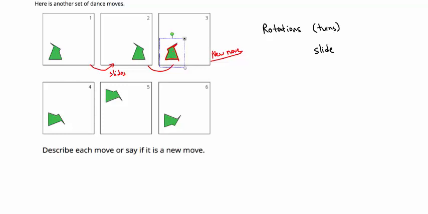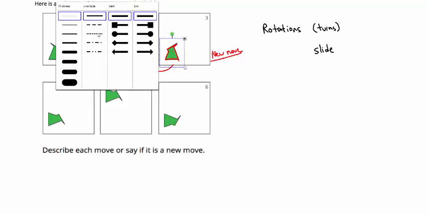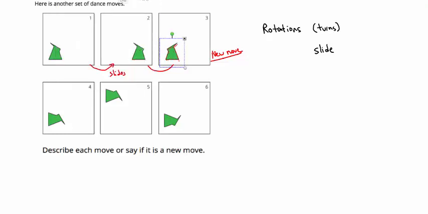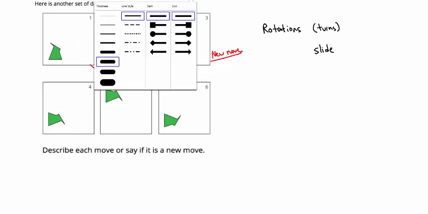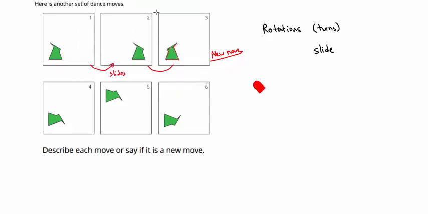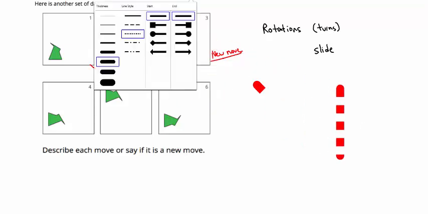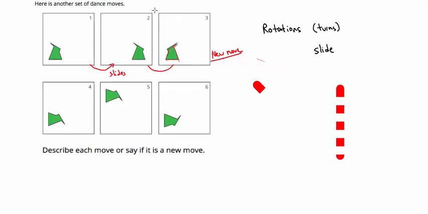So it reflects. If I draw a straight line down here and I reflect this over, it reflects over this line here. So this is called our line of reflection.